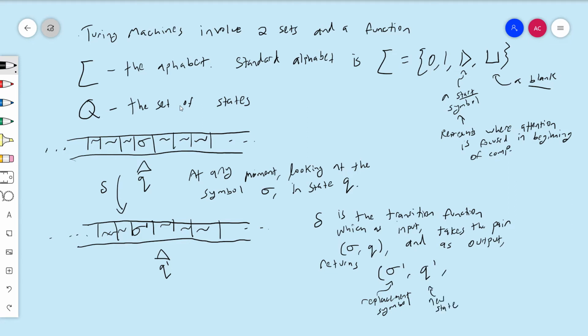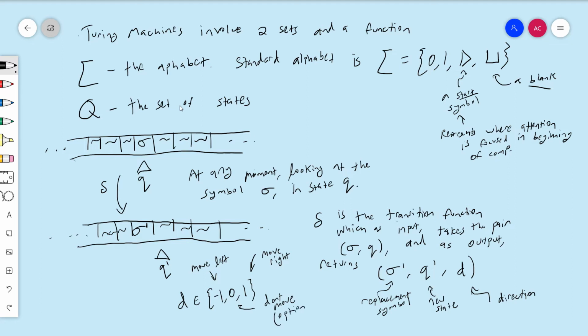And finally, a direction. The direction is only going to be one of three things: D is an element of {-1, 0, 1}, where -1 implies move left, 1 implies move right, and 0 implies, of course, don't move.